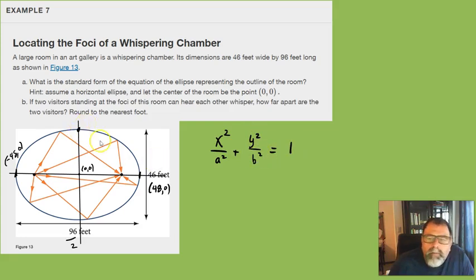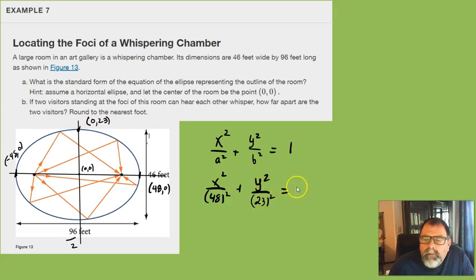All right, so this will be 48 squared plus y squared over, now b again would be the covertex, so this distance is 46, so half of that would be 23. So 23 squared. Okay, so that's our standard form.